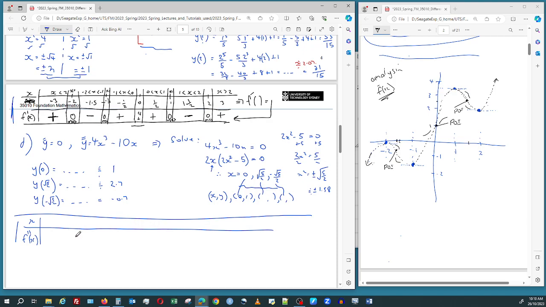We've got 5. There's only 3 of them, isn't there? We've got 0, minus 5 on root 2, 5 on root 2, and so then you've got your intervals.